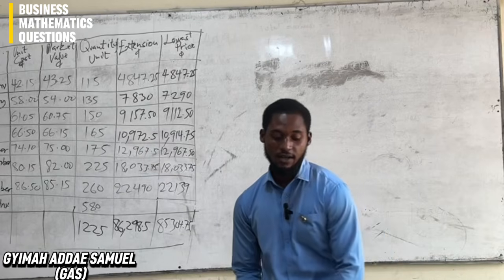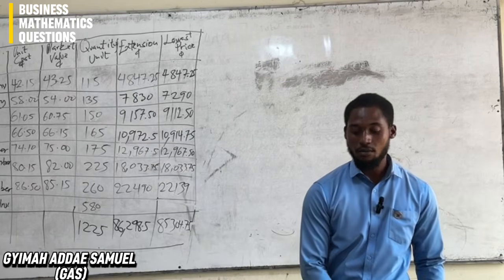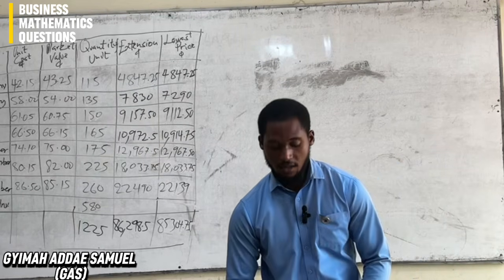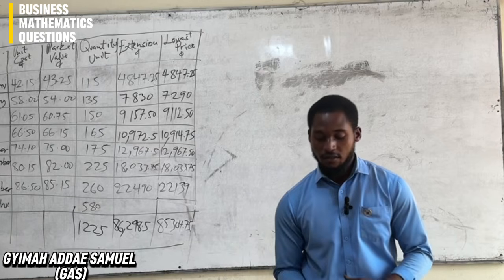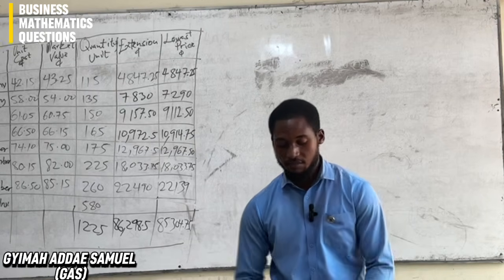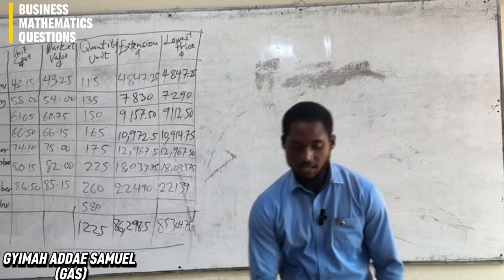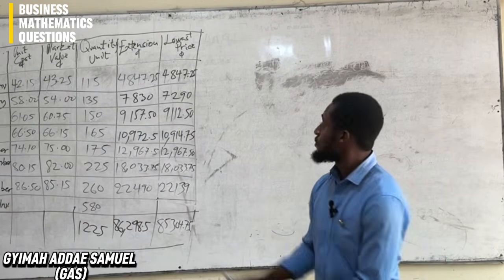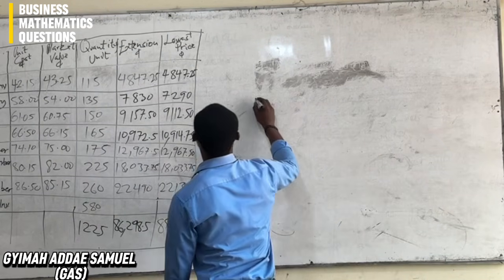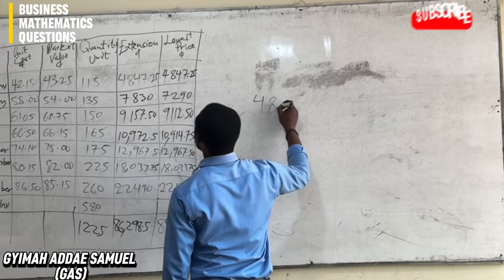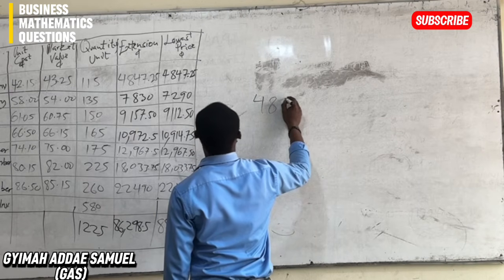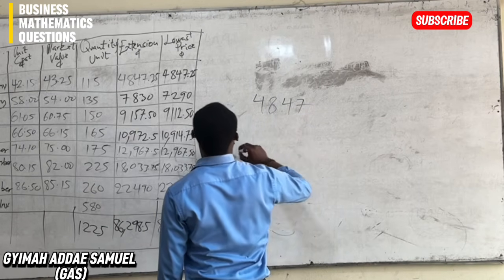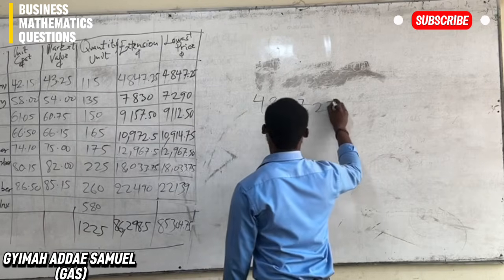The formula is beginning inventory plus purchases, as we did for question 18. The beginning inventory is stated right here, which is 4,847.25.